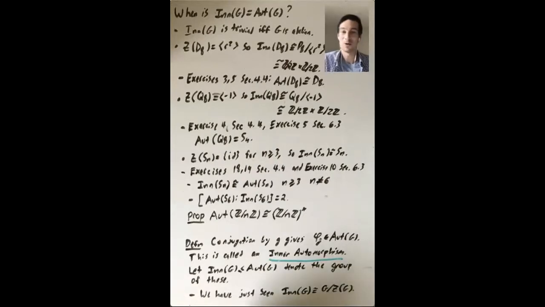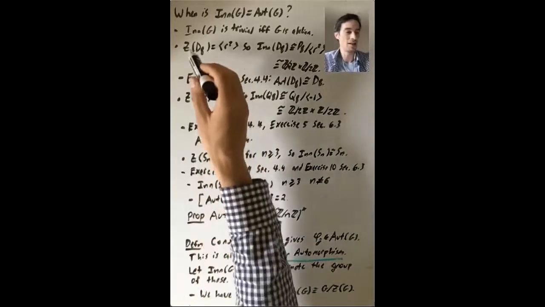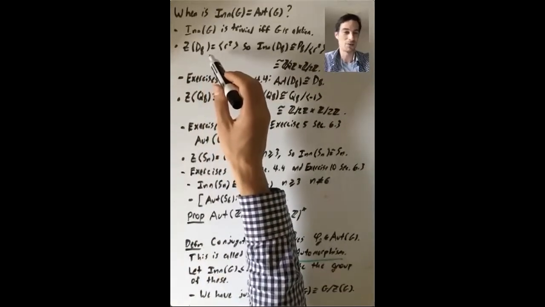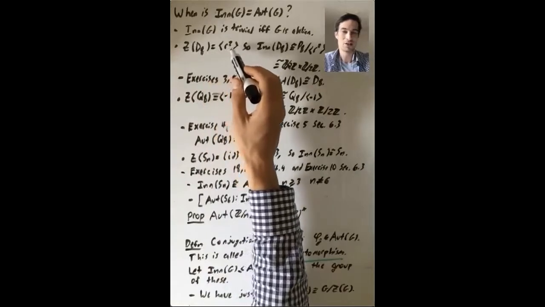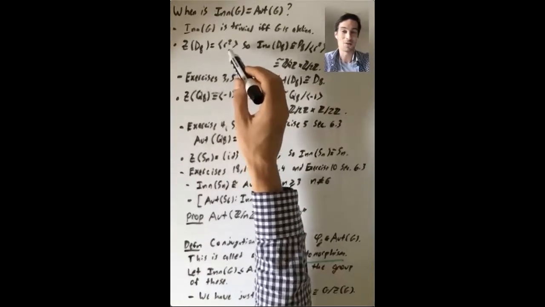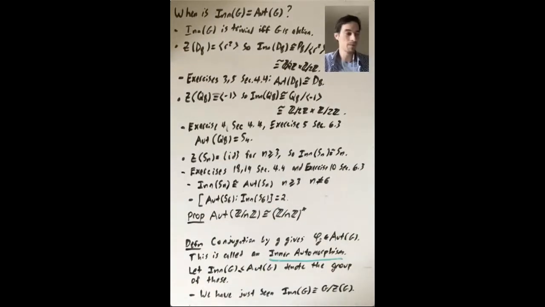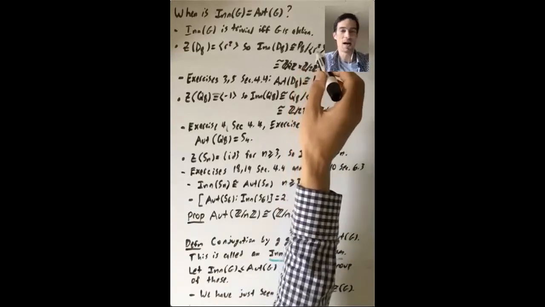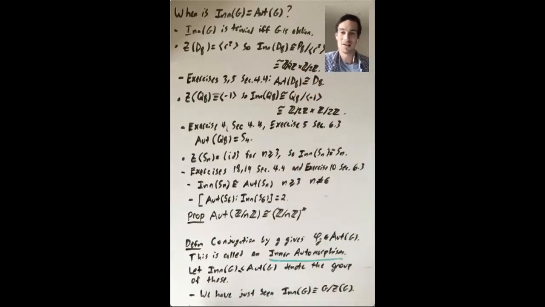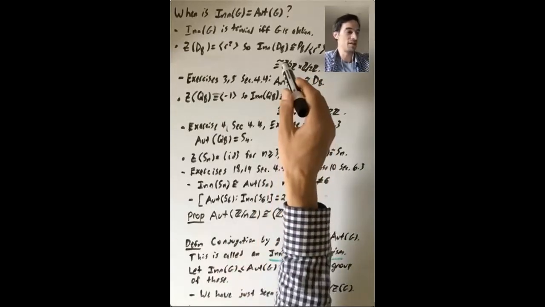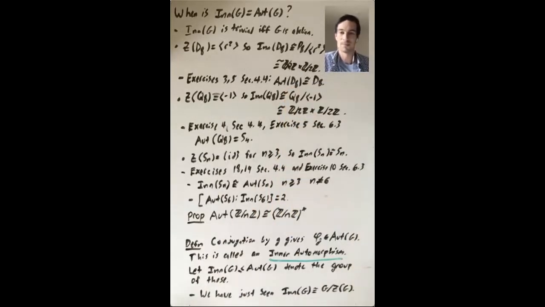All right, so let's think about some more interesting examples. Let's take the dihedral group of order 8. The center is generated by r squared, this 180-degree rotation. So what does the group of inner automorphisms look like? Well, it's G mod the center, which is D8 mod this subgroup, which is isomorphic to Z/2Z cross Z/2Z.